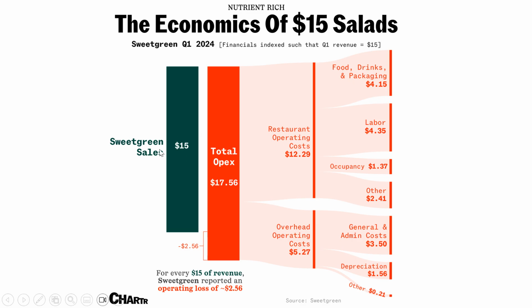So of that $15, $12.29 is associated with the operating costs of the individual location, whereas $5.27 would be the operating costs at the national level. So it'd be like the corporate headquarters, the salary of the president, CEO, and all the accountants at the central office, operating the website, which is a national expense, and advertising, which is a national expense.